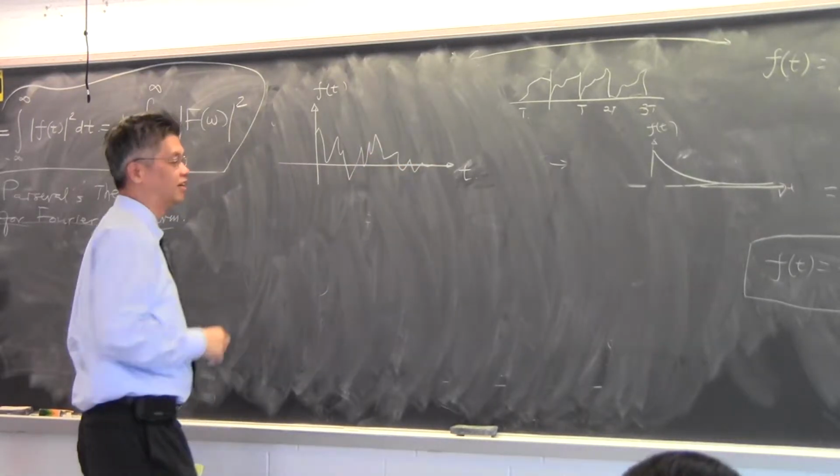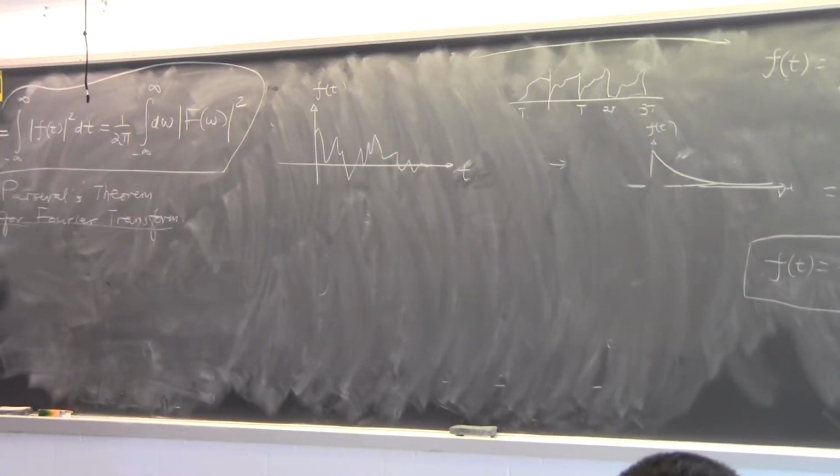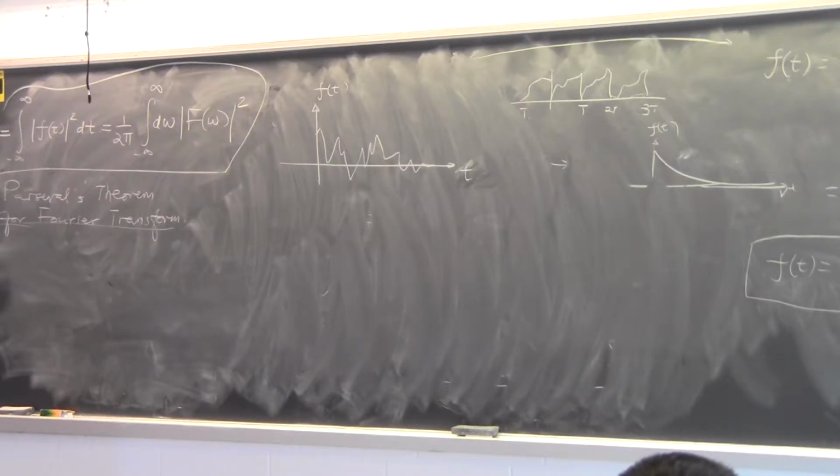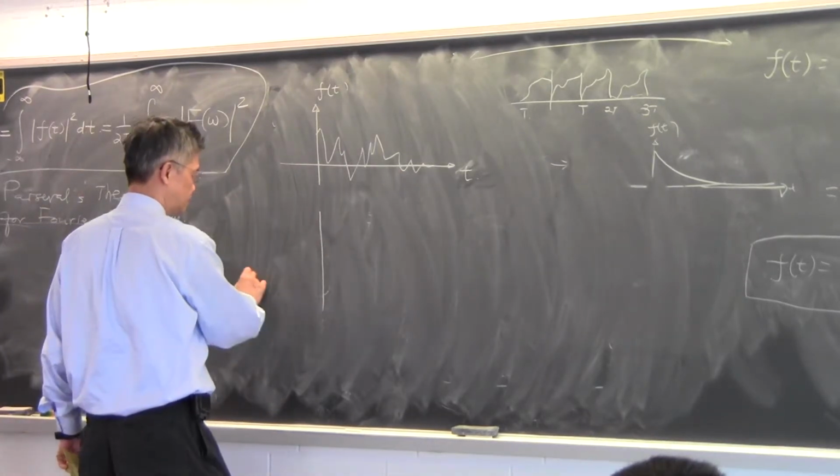Say if you sing or talk on a cell phone, your signal might look something like that. This signal has an energy. In order to find the energy in this signal, you square it and integrate over that. And it might have a Fourier transform.